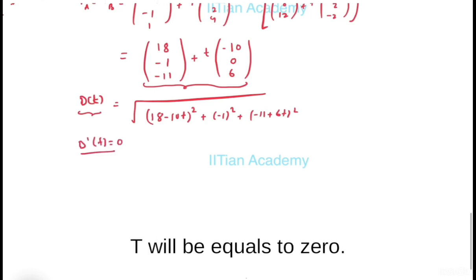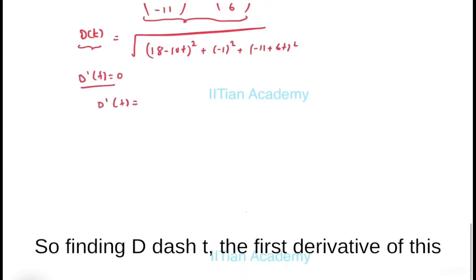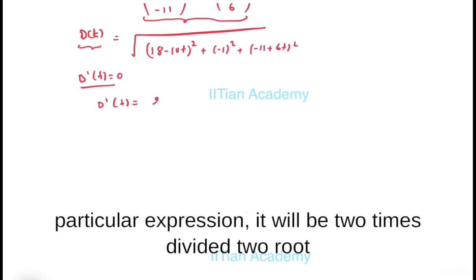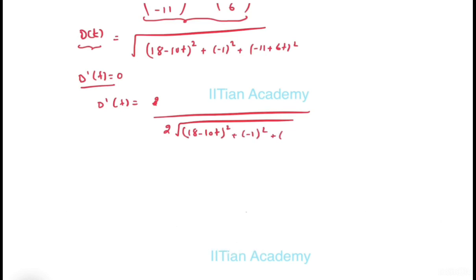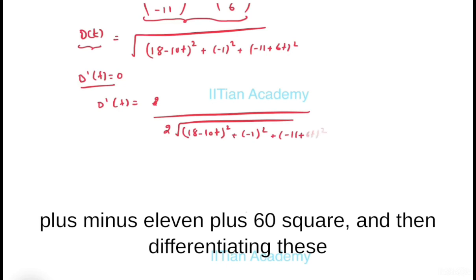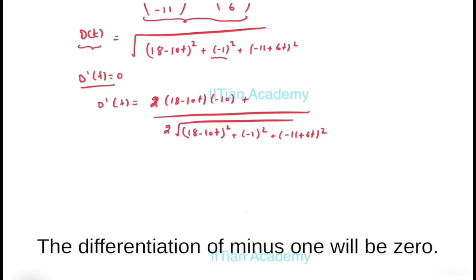So finding d'(t), the first derivative of this particular expression, it will be 1 over 2 root under (18 minus 10t) squared plus (minus 1) squared plus (minus 11 plus 6t) squared, and then differentiating these terms: 2 times (18 minus 10t) into minus 10. The differentiation of minus 1 squared will be 0.